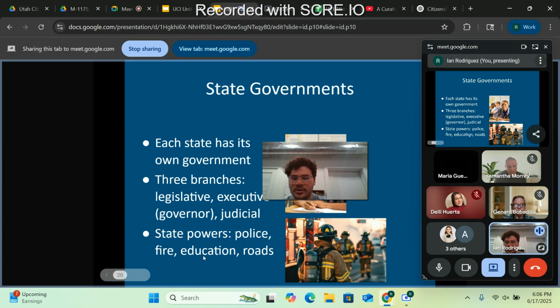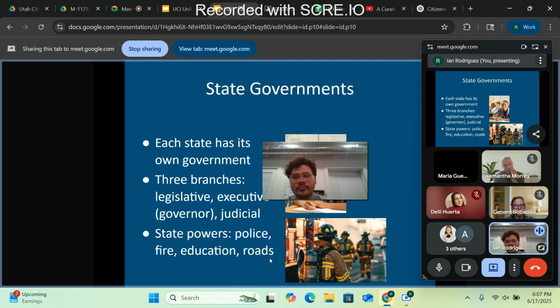The state powers would be to maintain a police department, a fire department, a Department of Education, to fund schools, to create the curriculum for schools, and also to maintain roads as well. If you're ever driving on I-15 or I-80 or any interstate or road in the country, that is the job of the state government to take care of.